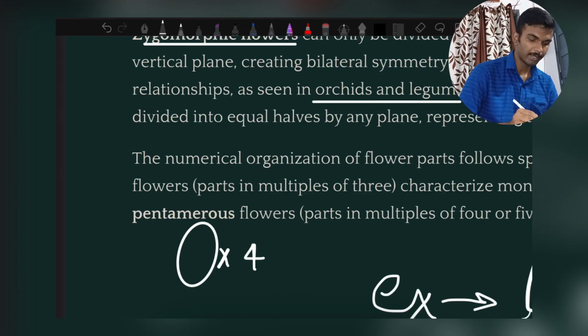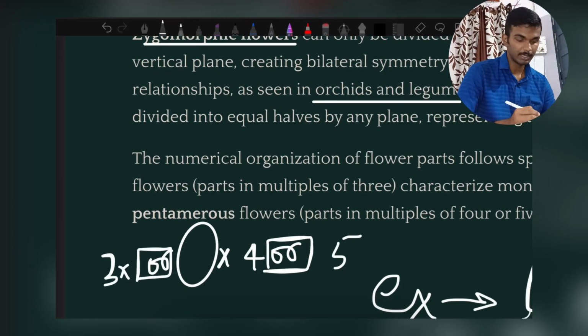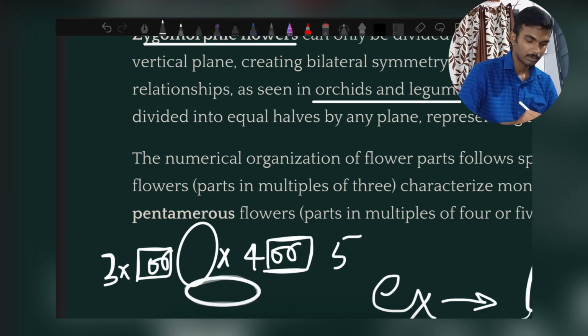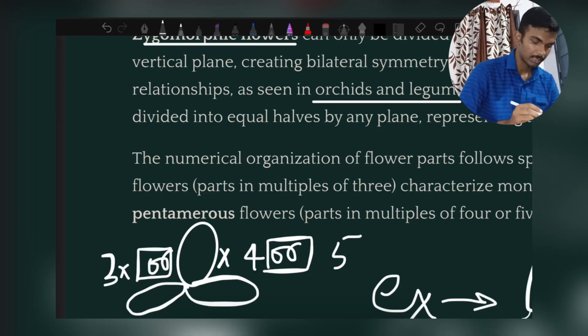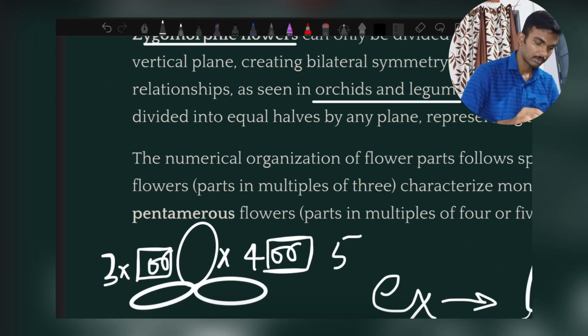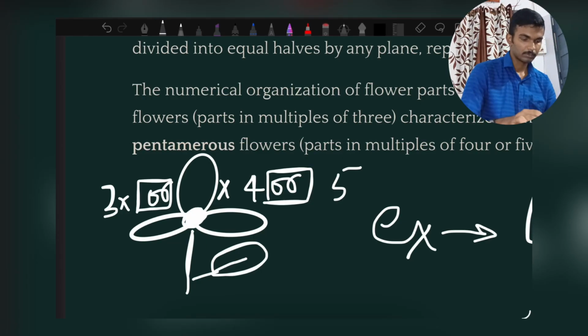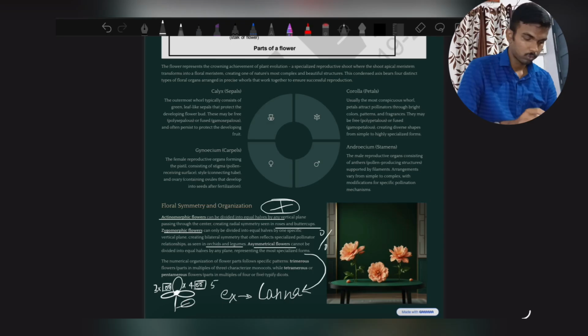If it is 5, then pentamerous. If it is in multiples of 3, then it is trimerous, the petals. Okay, these are the petals.